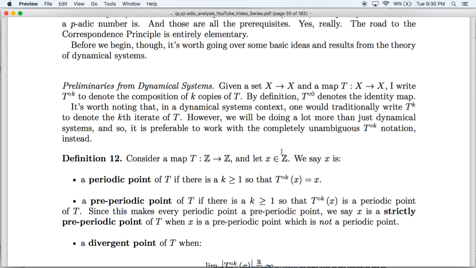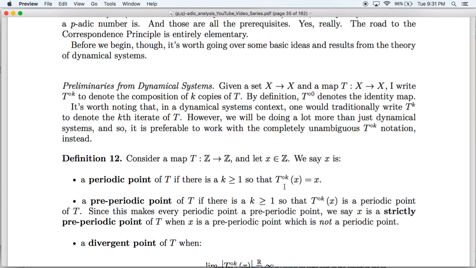So now the definitions. These generalize to dynamical systems on discrete spaces, but here we're only going to be concerned about stuff on the integers. So let x be an integer and let T be a self-map of the integers. We say x is a periodic point of T if applying T some finite number of times to x will send us back to x.